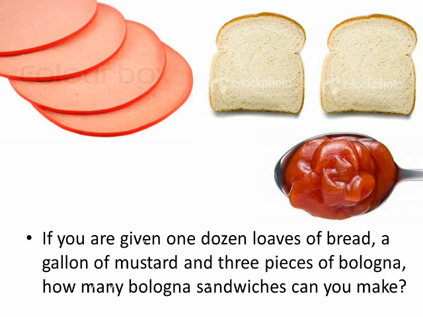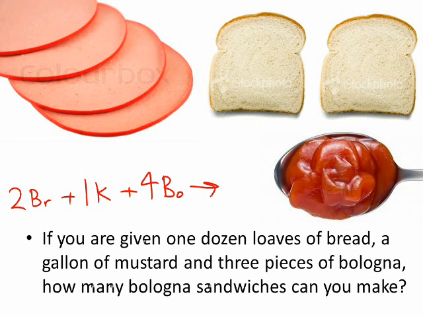So if we use this example of the bologna sandwich, say that to make one bologna sandwich we need 2 slices of bread plus 1 tablespoon of ketchup plus 4 slices of bologna goes to 1 sandwich, and we'll just balance it like this.